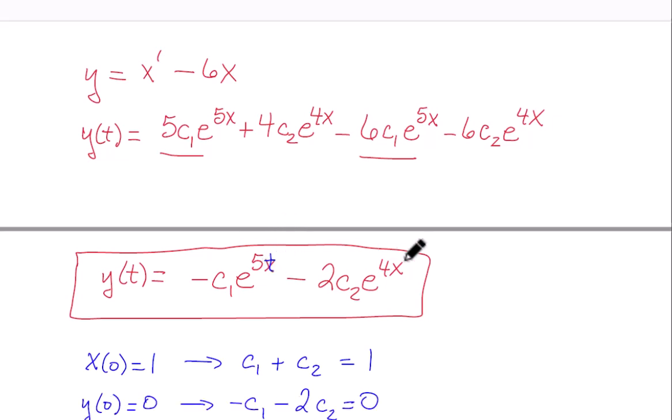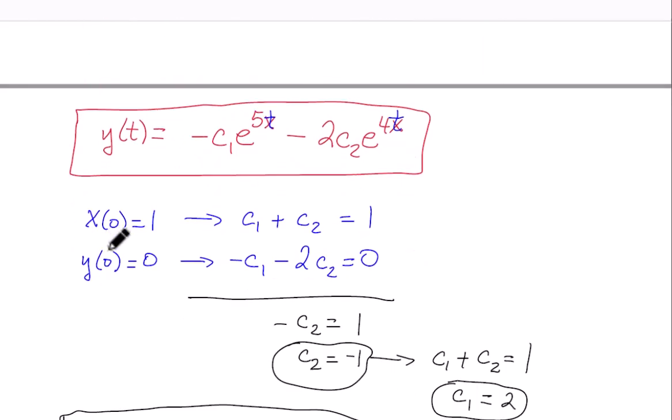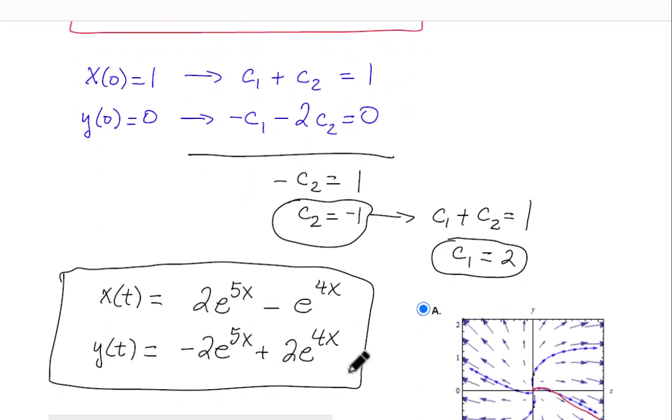I get so used to writing them with x's. So those are t's. Now plug in what we know from our initial conditions. I get a system of two equations and two unknowns, but I can add these up, and I find that C1 is 2 and C2 is minus 1.